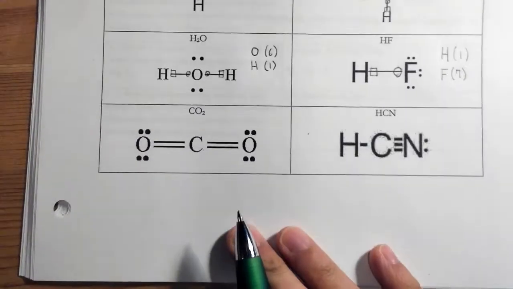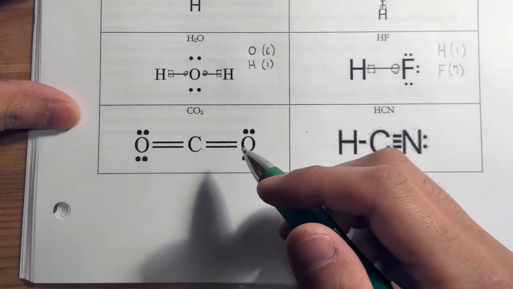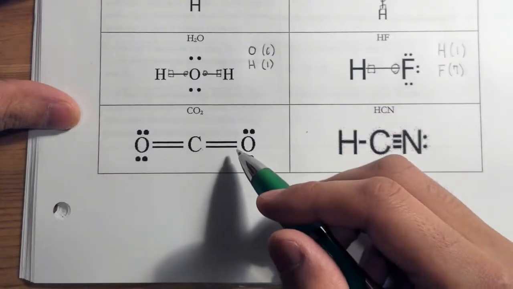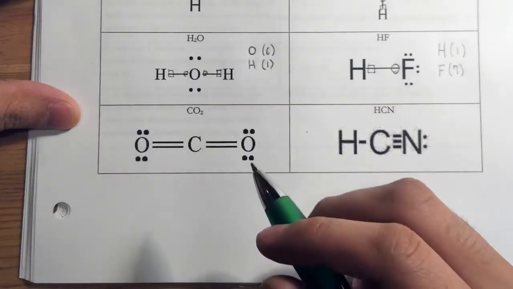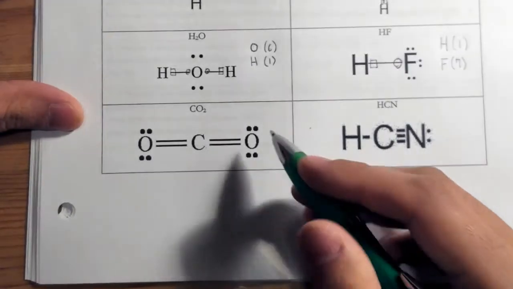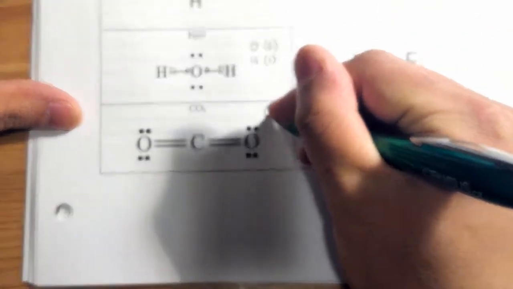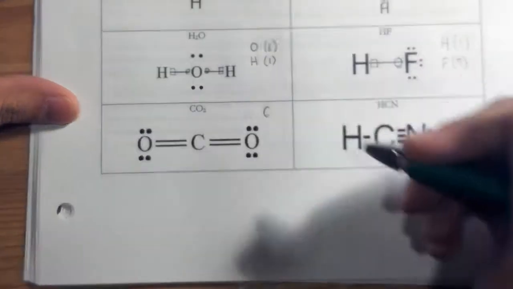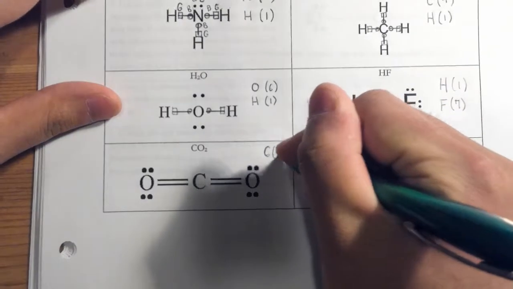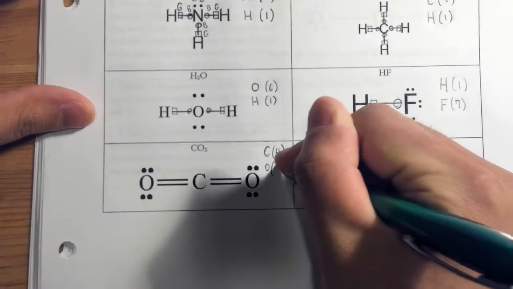Alright, next. CO2. Well, for this one, compared to the other compounds, there are double bonds. The reason for that is because if you count it out, first of all, let's go over the valence electrons for each element. So for C, carbon has 4 valence electrons, and oxygen has 6 valence electrons.